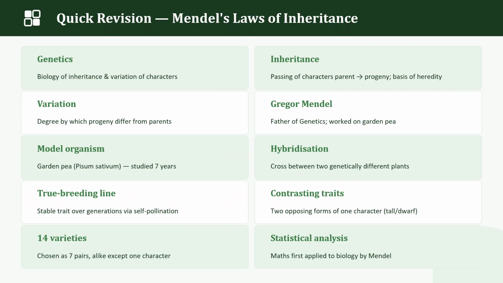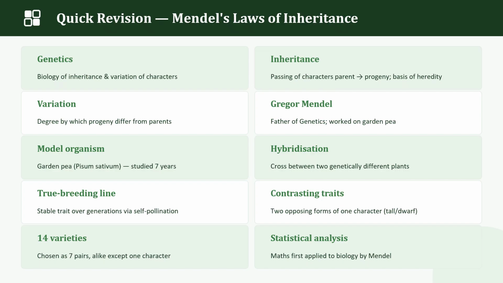Let's have a quick revision. Mendel's laws of inheritance. Genetics is the study of inheritance and variation. Inheritance is the transfer of characters from parents to offspring, and variation refers to differences among the offspring. Gregor Mendel is known as the father of genetics. He performed experiments on pea plants for 7 years, from 1856 to 1863.